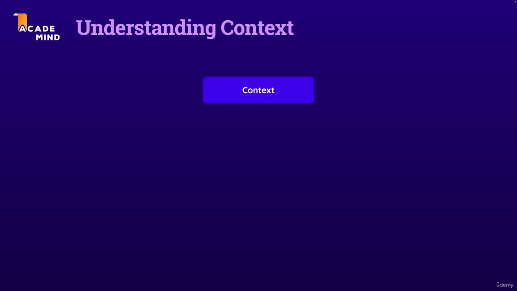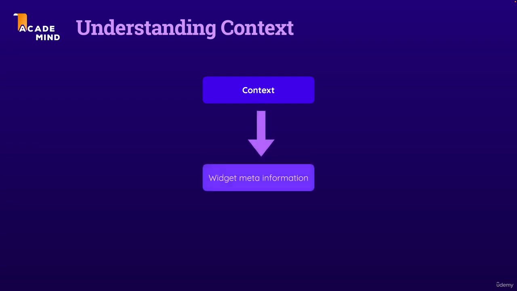But for that, it's of course important to understand what this context thing is all about. And in the end, you can think of this context object, this context value, as some kind of metadata collection, an object full of metadata managed by Flutter that belongs to a specific widget. So every widget has its own context object, and that contains metadata information related to the widget and, very important, related to the widget's position in the overall UI, in the overall widget tree.